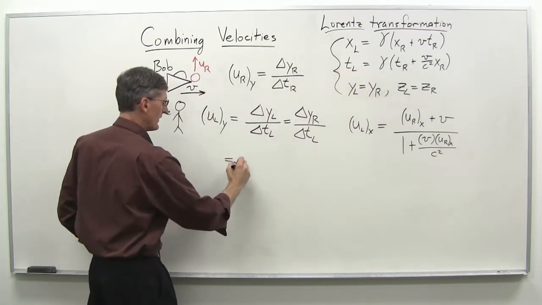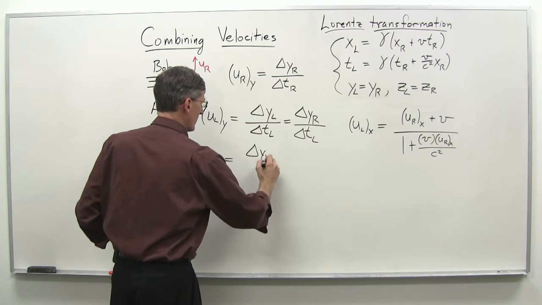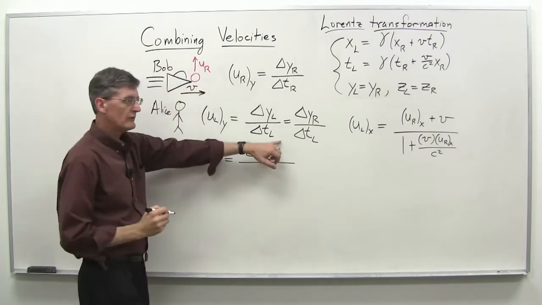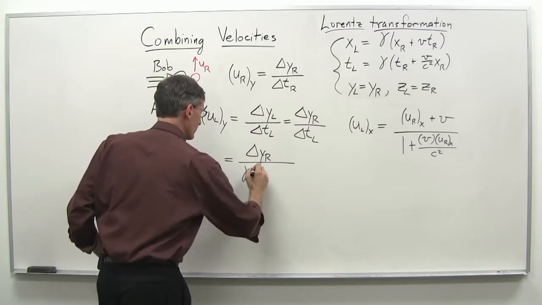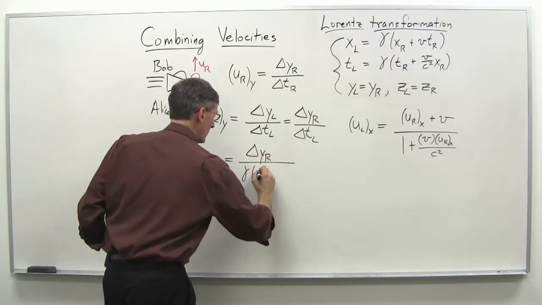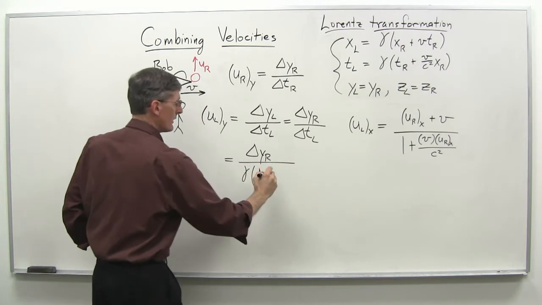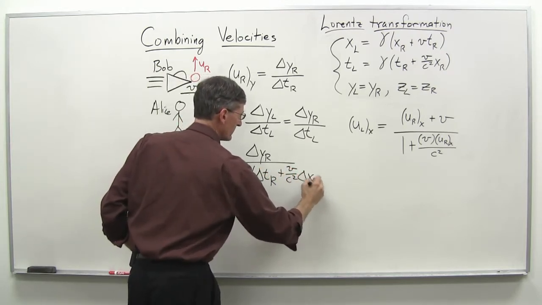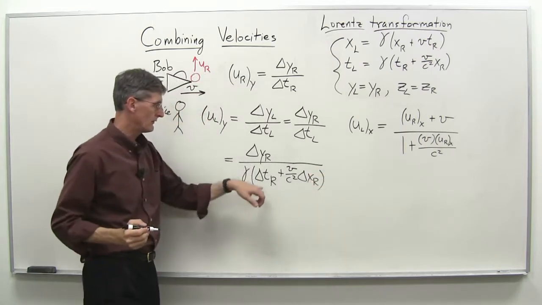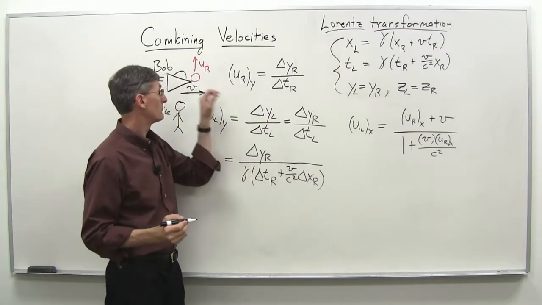So we'll write that as delta y sub r on the top. And then delta t sub l, remember, using the equation here, is going to be gamma times delta t sub r plus v over c squared delta x sub r. Again, these are the quantities that Bob is measuring.